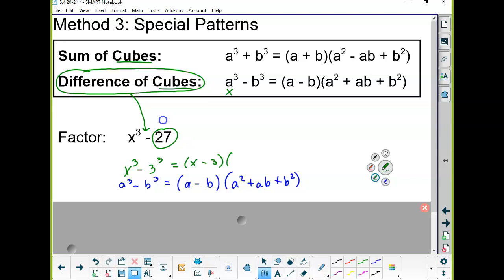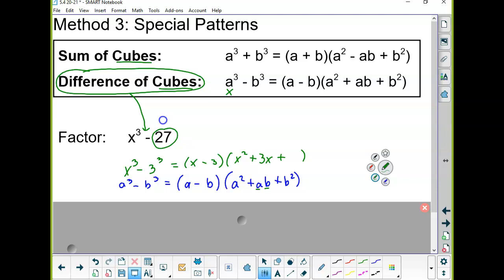And then I've got a squared. Well, what is a squared? A is x, so this will be x squared plus, now, a times b, well, a is the x, b is 3, so a times b would be 3x. And what do you think the last value is going to be? 9. 9, right?